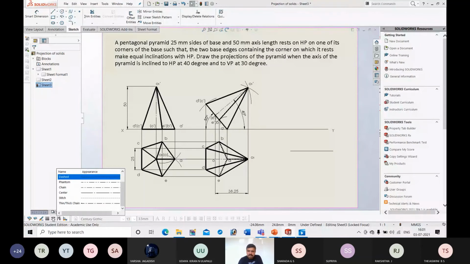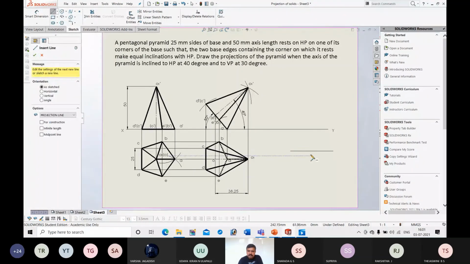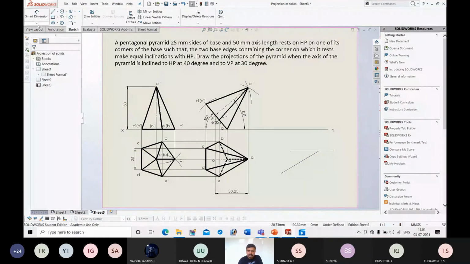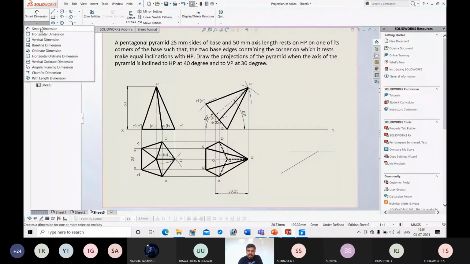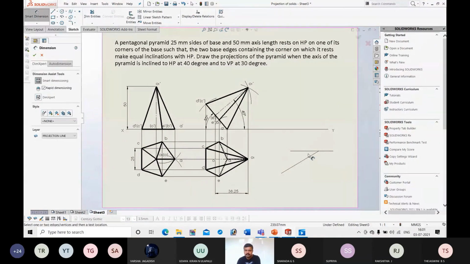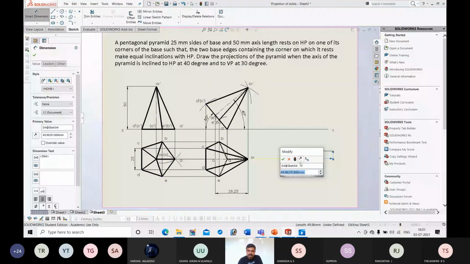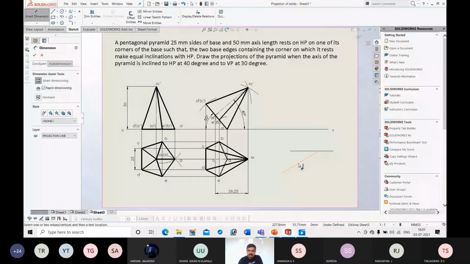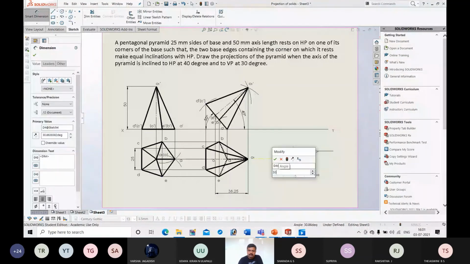Next I will draw a line inclined at 30 degree and having true length of the axis, that is 50. Okay, this angle should be 30 degree. Next, length 50.